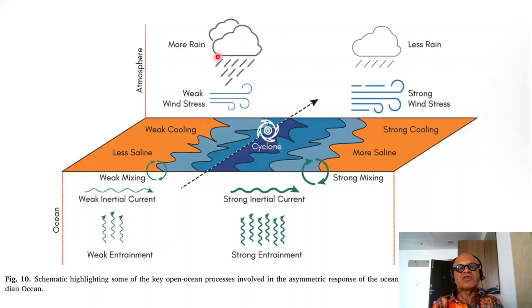So weak wind stresses and more rain give you warmer, less saline conditions, and post-monsoon you have again less rain but stronger winds, so you again have strong cooling and more saline conditions. This is considered as key open ocean processes in the asymmetric response of the ocean atmospheric interactions over the Bay of Bengal.